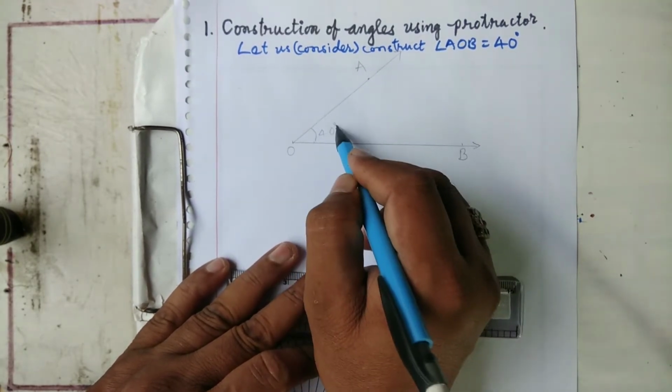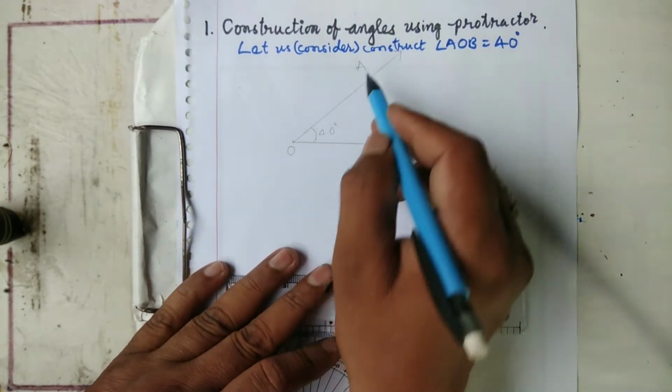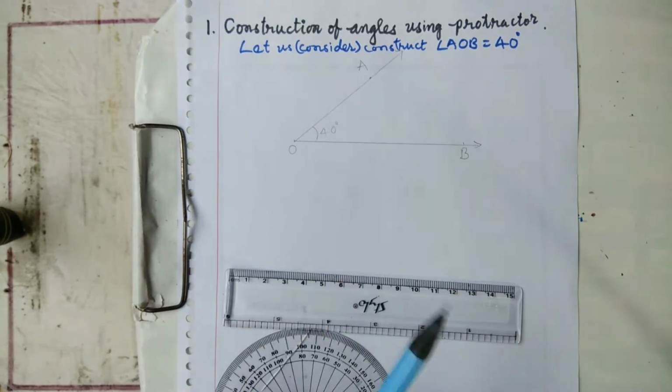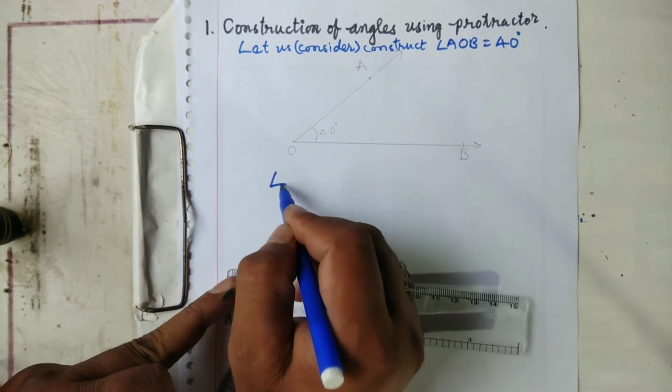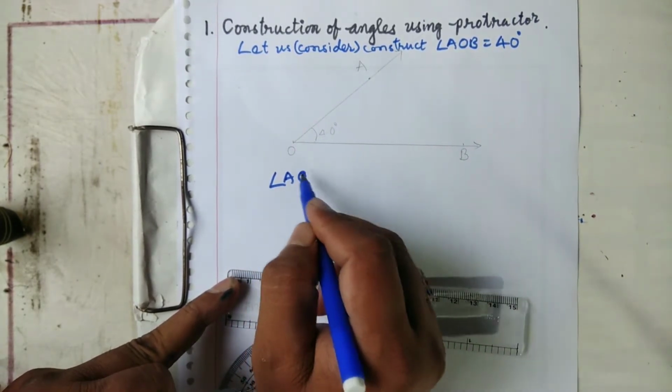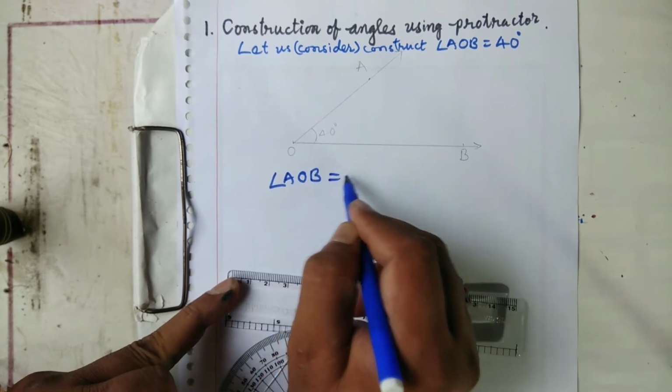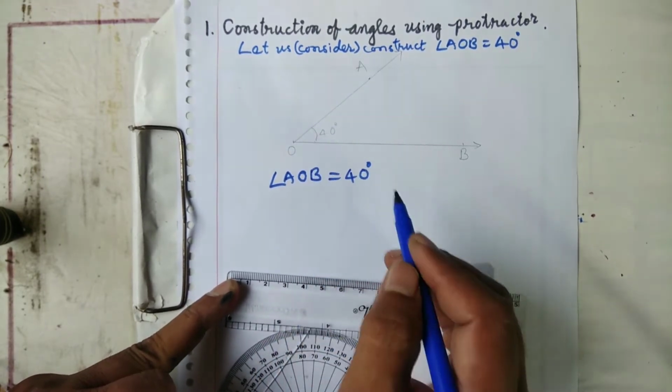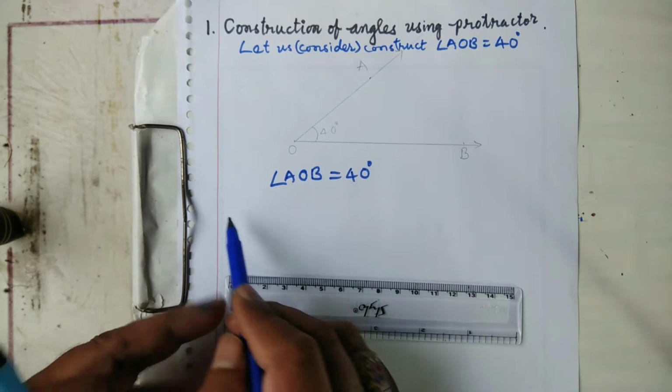We got 40 degree here. Angle AOB is equal to 40 degree. This is the required angle.